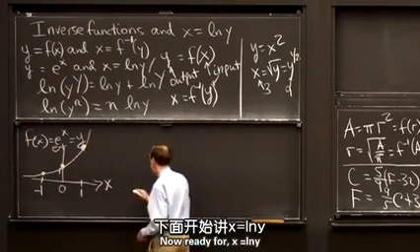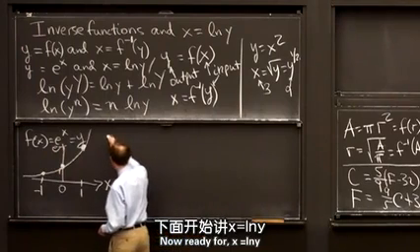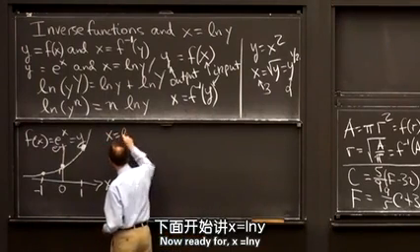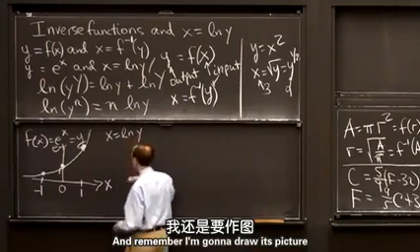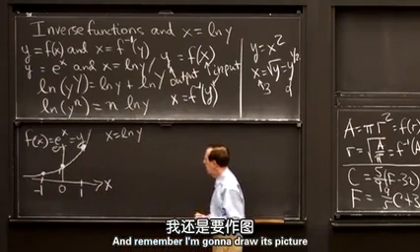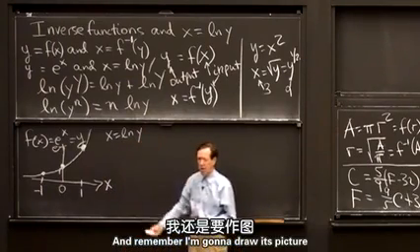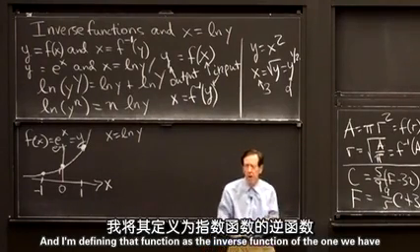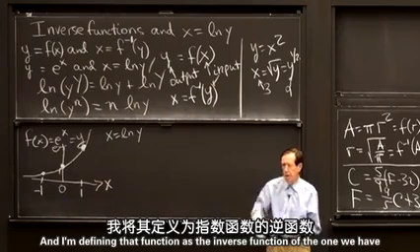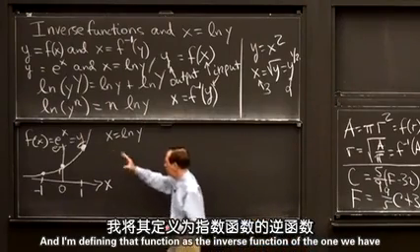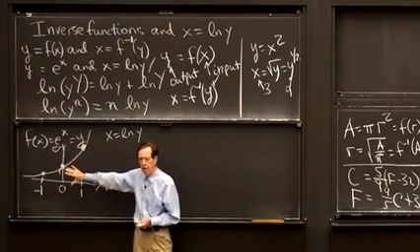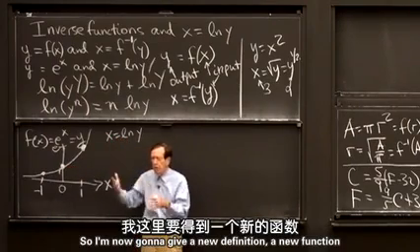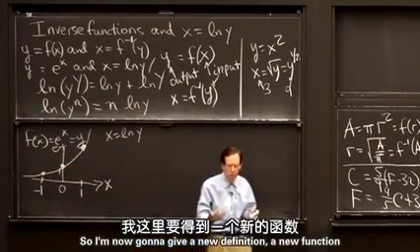Okay, now ready for x equal log y. And remember, I'm going to draw its picture, and I'm defining that function as the inverse function of the one we have. So I'm not going to give a new definition, a new function.